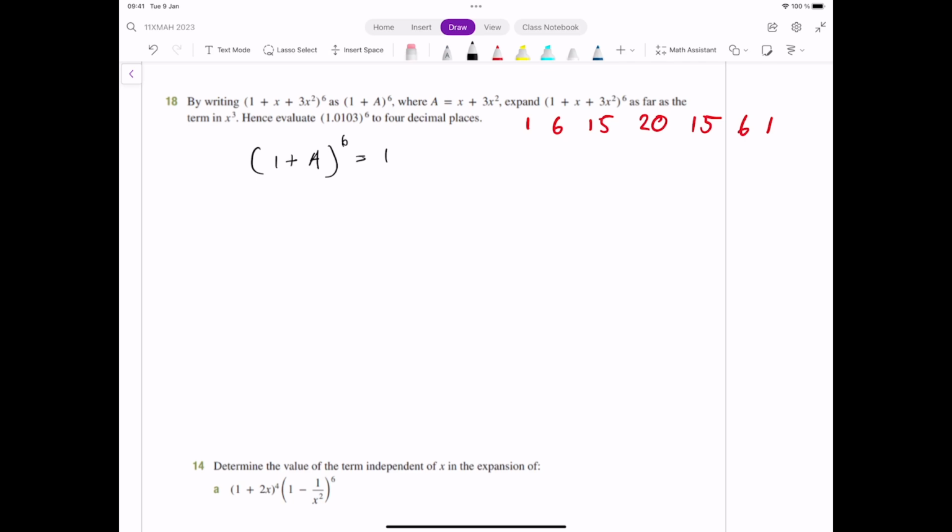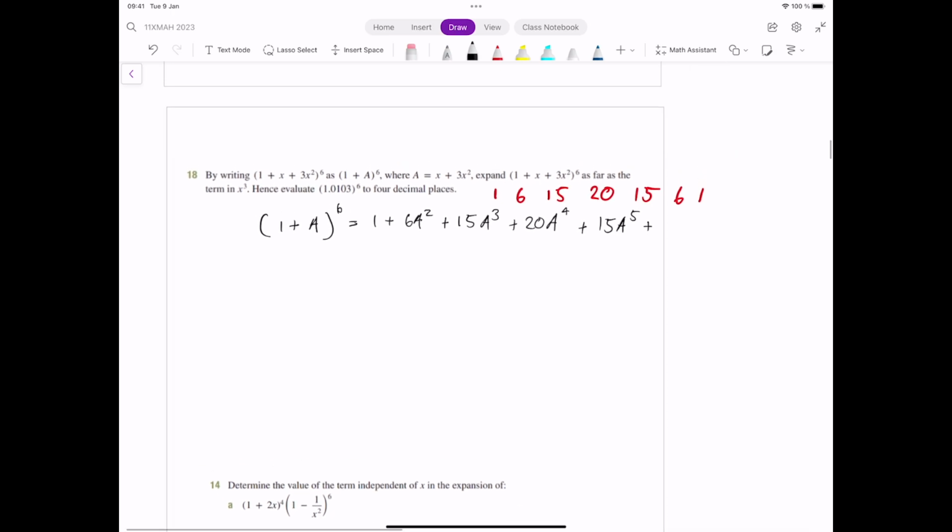It's going to be 1 plus 6a squared plus 15a cubed plus 20a to the power of 4 plus 15a to the power of 5 plus, what's going on there? So we've got 1 plus 6a squared plus 15a cubed plus 20a to the power of 4.